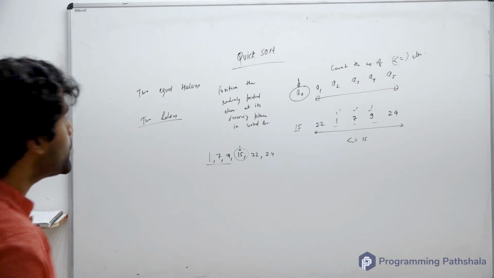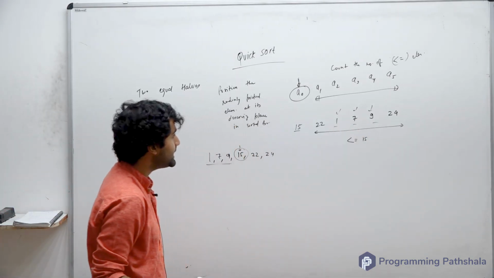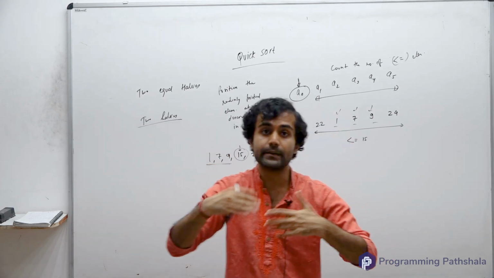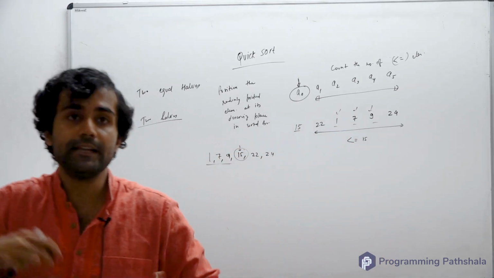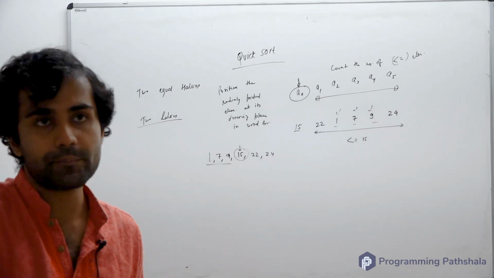Once you have figured that count out, you can very easily say that 15 will come after 3 elements. Since it is coming after 3 elements, its index position will be index 3, because indexing begins from 0.